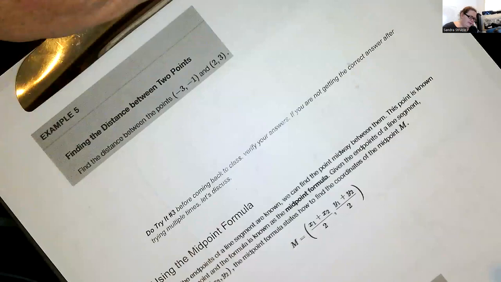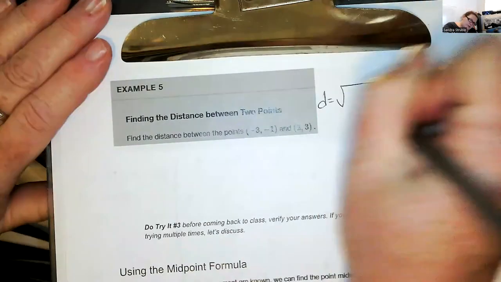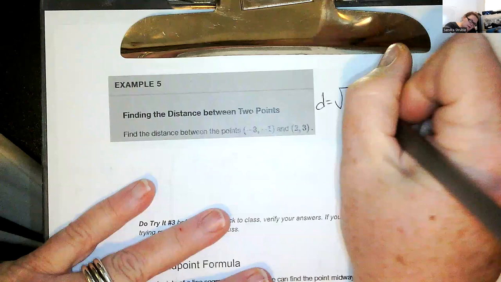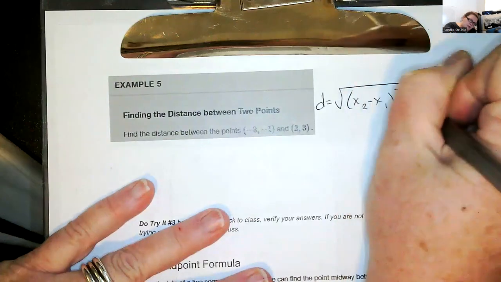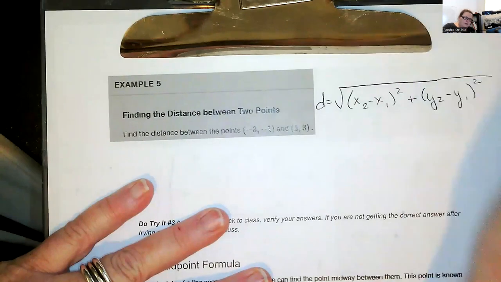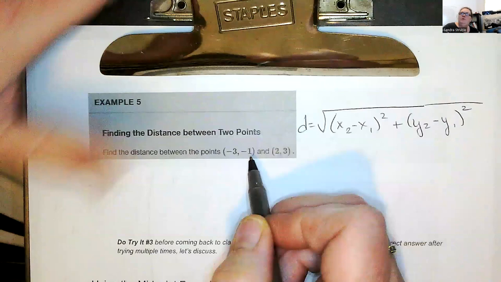All right. Find the distance between these 2 points. D equals the square root of x2 minus x1 squared plus y2 minus y sub 1 squared. All righty. Let's do plug and chug. I always label what my points are.